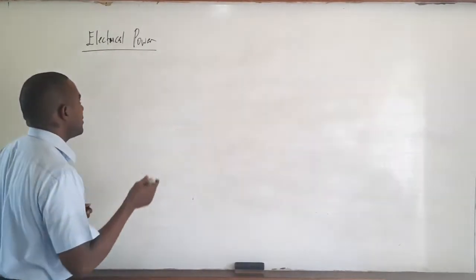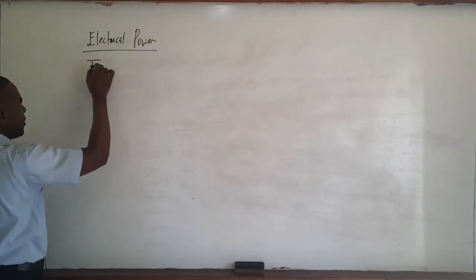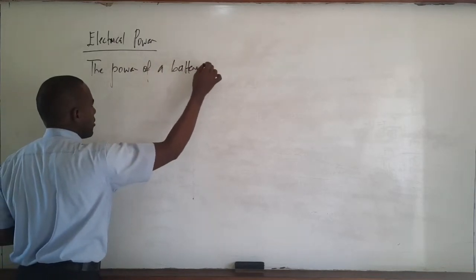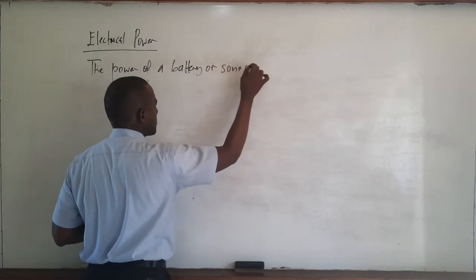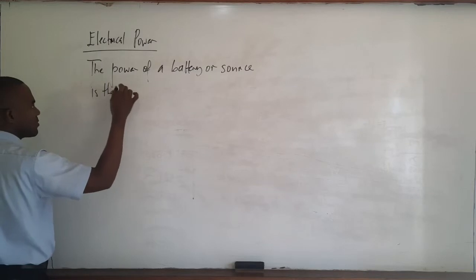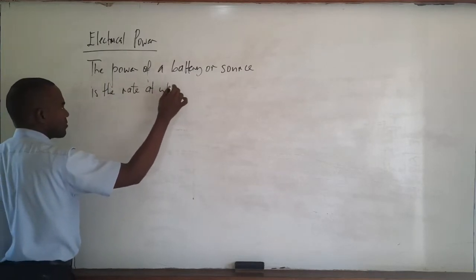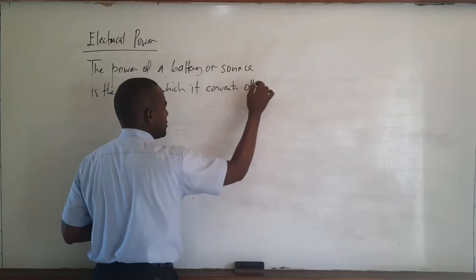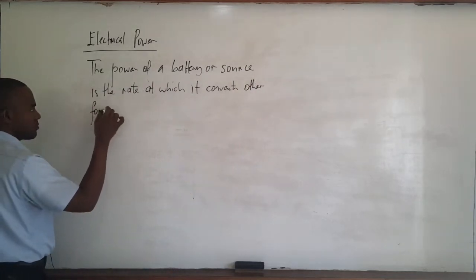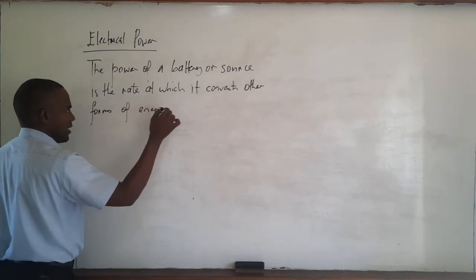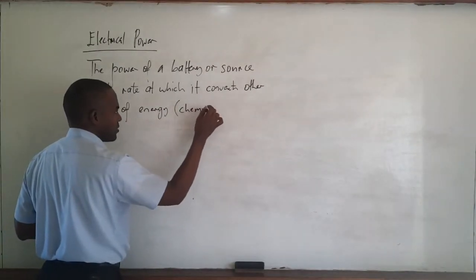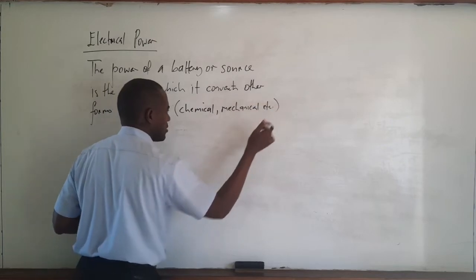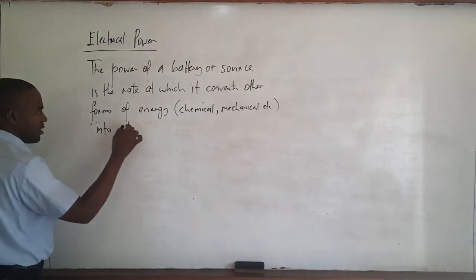So we could basically say that the electric power of a battery or source is the rate at which it converts other forms of energy, for instance chemical, mechanical, etc., into electrical energy.